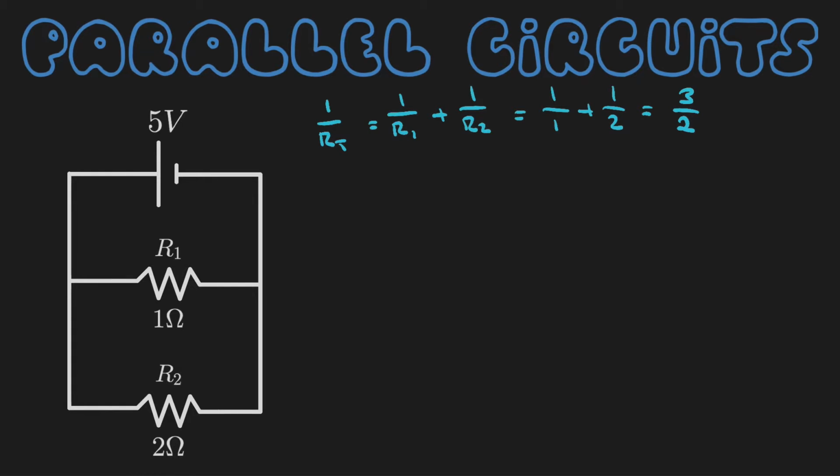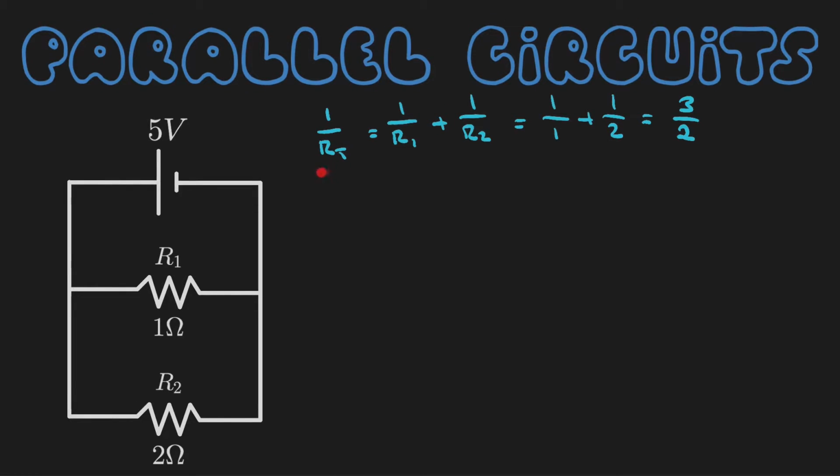Now, this isn't 3 over 2 ohms or 1.5 ohms because you still have 1 over RT. Now to find RT, you'll actually have to do the reciprocal of this, and the reciprocal means just invert it or flip the fraction basically.